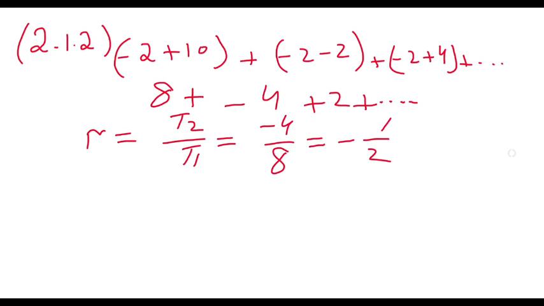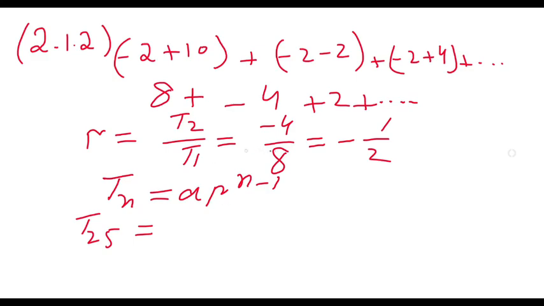Now the formula for the nth term of a geometric series is Tn is equal to a r to the power n minus 1. So I'm going to substitute everything into this formula. We need to find t25.